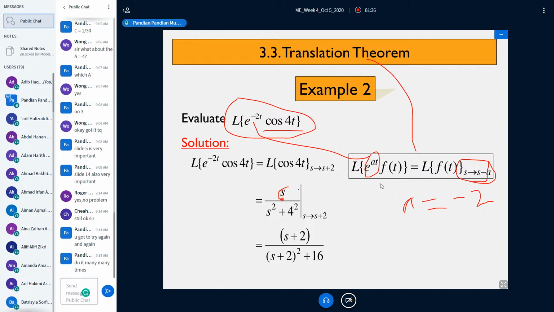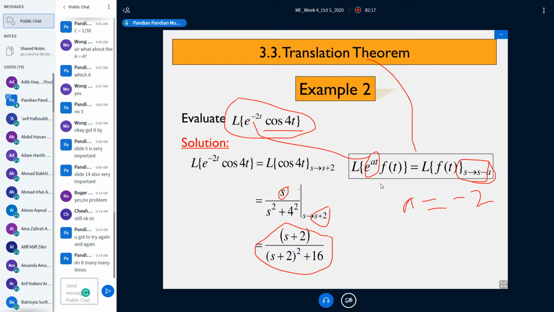But your s becomes s minus a, and since a is minus 2, you replace s with s plus 2. Then it is divided by (s plus 2) squared plus 16. So Laplace of e^(2t) cos 4t is (s plus 2) divided by (s plus 2) squared plus 16.